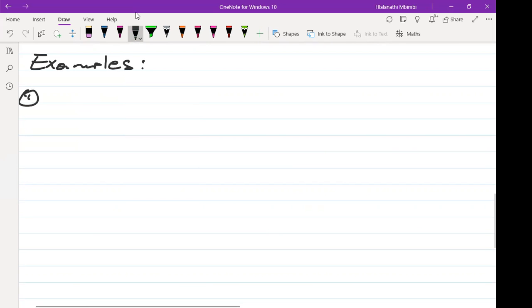So example 1. These examples are going to be similar to the examples that I've done for arithmetic. I'm going to do very few and I'm going to skip certain examples on these.